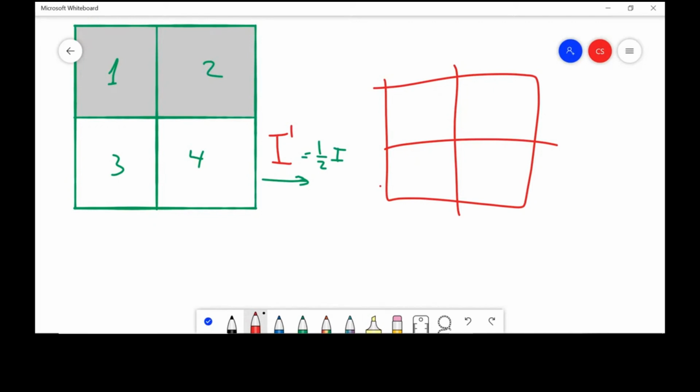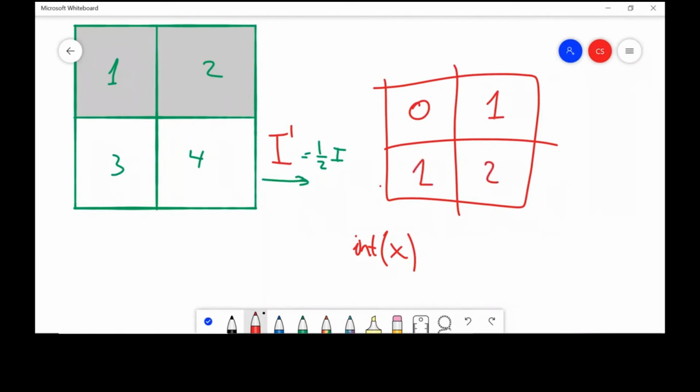Let's say that we take the integer part. So very typical one is the following: the integer part of whatever value you have there. So 1 divided by 2 is 0.5, and the integer part is 0. Then this would be 1, this would be 1, this would be 2.